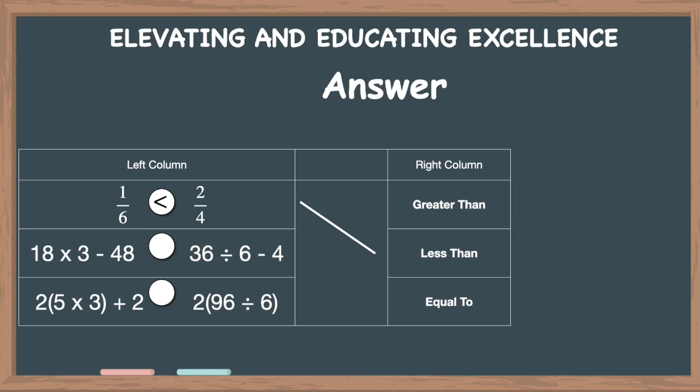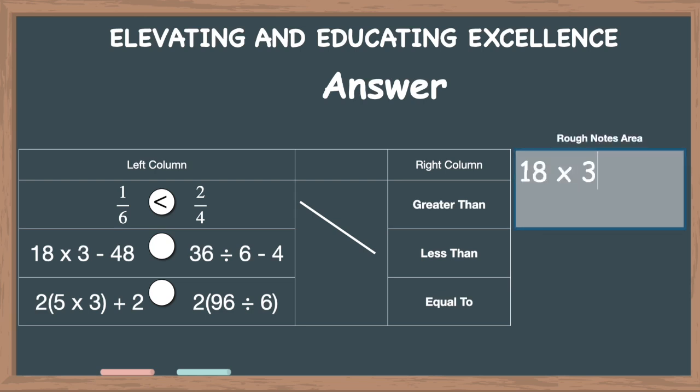For the second row, in order for us to determine, let's draw a rough box. In that rough box, we're going to solve 18 times 3 minus 46, and that equals 6. Now let's do the other one.